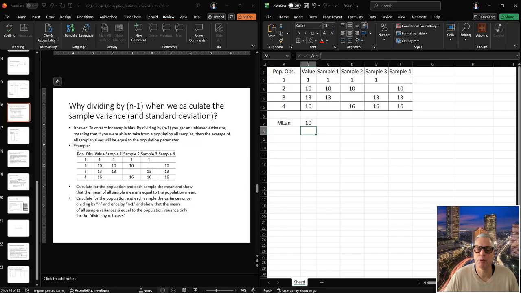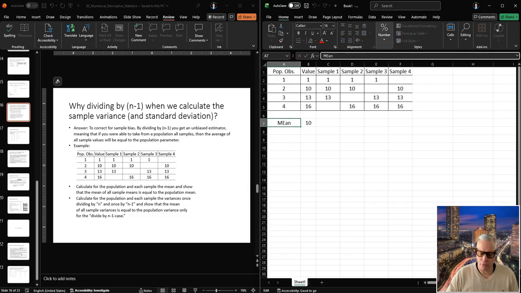We assume we have a population with 4 observations, and the population mean is 10. Now I'm taking all possible samples of size 3 from the population of 4. That means I can take 4 samples of size 3, and in each sample I drop 1 observation from the population. In sample 1 I drop the 4th observation, in sample 2 the 3rd, in sample 3 the 2nd, and in sample 4 the 1st.